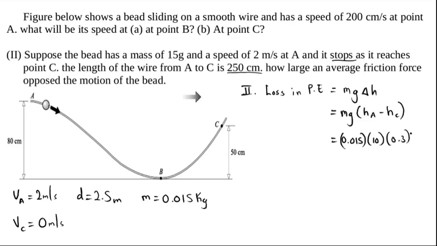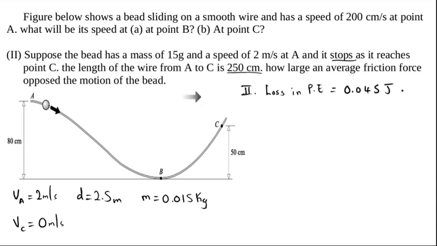So 0.015 times 10 times 0.3 gives us the loss in potential energy, which is 0.045 joules. So let's just write it here as the loss in potential energy.